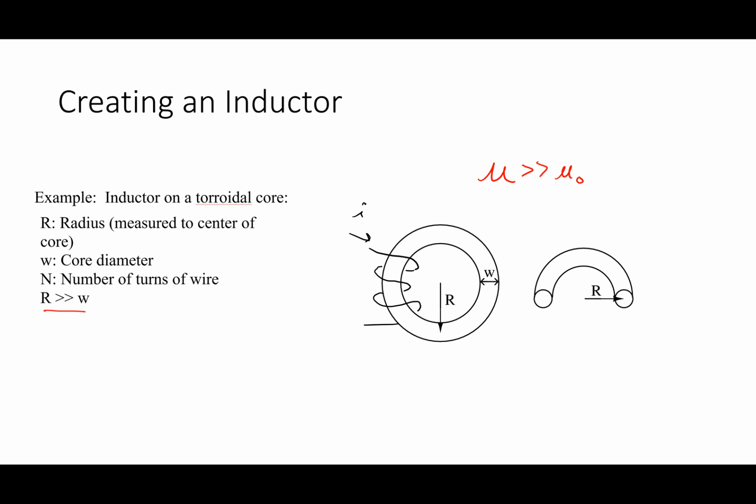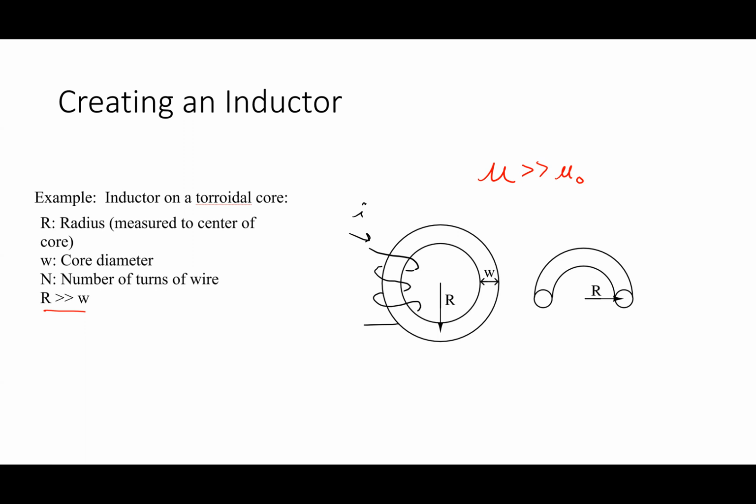In my mind, it usually means it's at least 100 times bigger, such that maybe W can be considered to be 0 in some cases. So I'm going to basically say it means it's at least a factor of 100 different, probably.